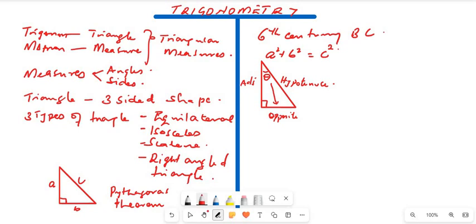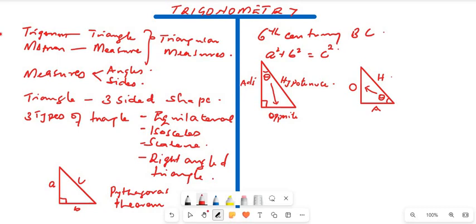You're allowed to summarize these sides like this. If this is theta, which can always be any angle, you're allowed now to call this one, remember that it has to be opposite, so this one will be opposite, and this one will be adjacent, while this one will be hypotenuse.